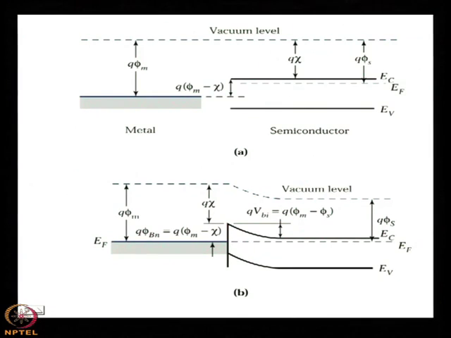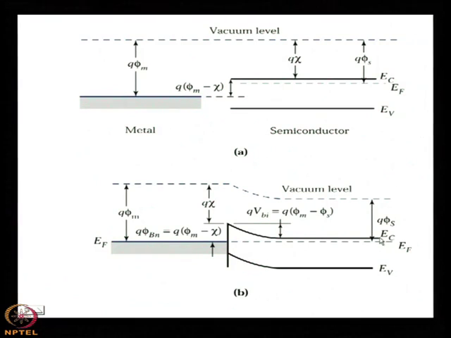Okay. That is a very important thing, and we have seen this for the p-n junction also. In the p-n junction there was a depletion region on both sides. Here only on the semiconductor side there is a depletion region, right.